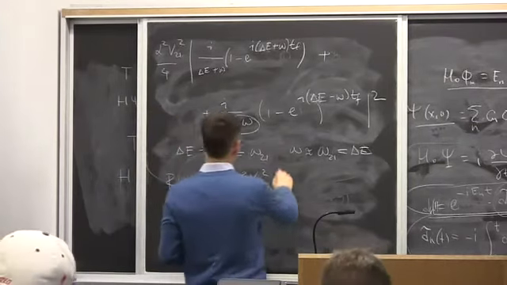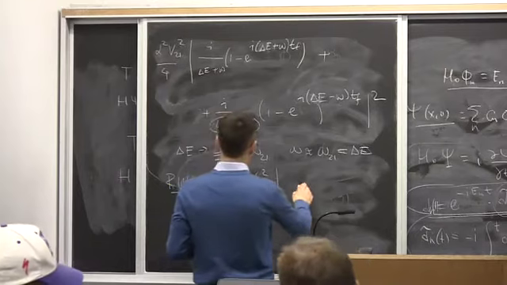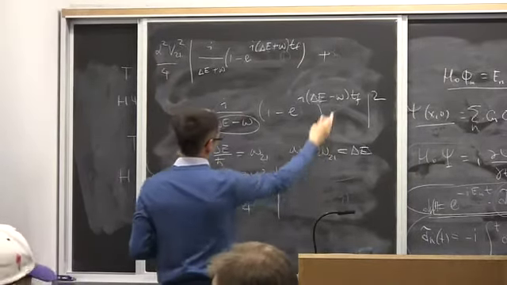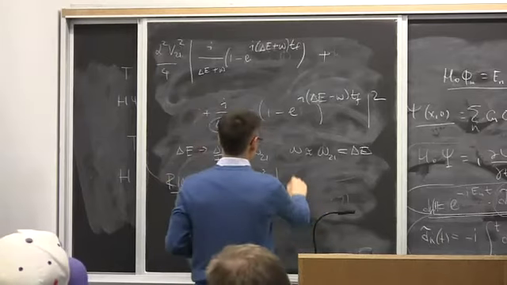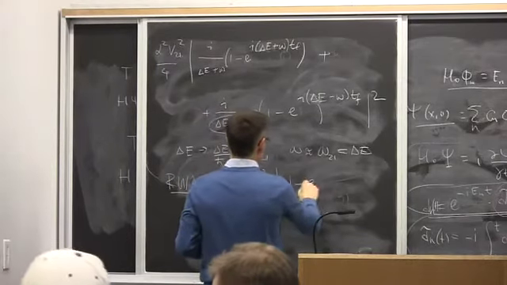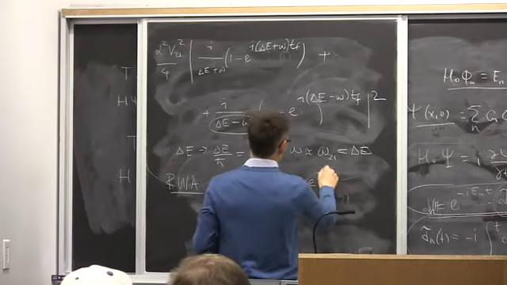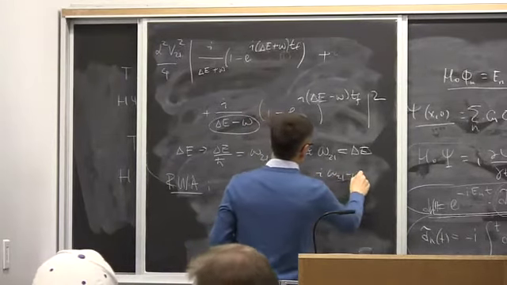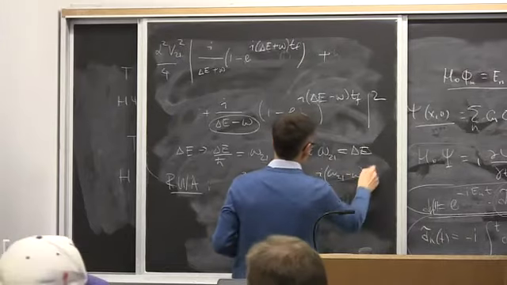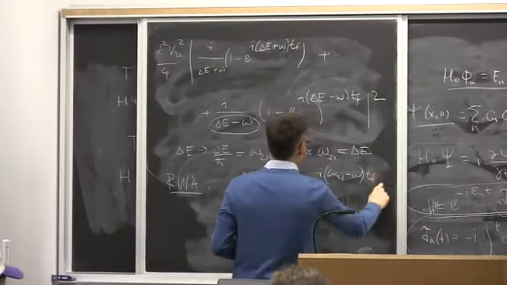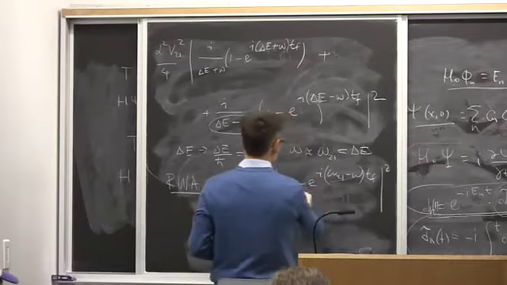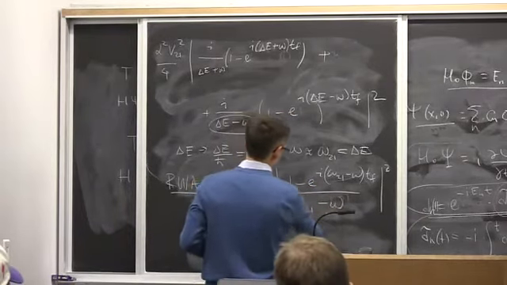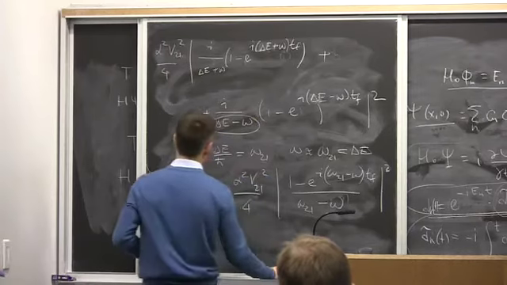The i will be gone then from here because we're taking the absolute square, and so we will be left with 1 minus f squared divided by this term. Okay.